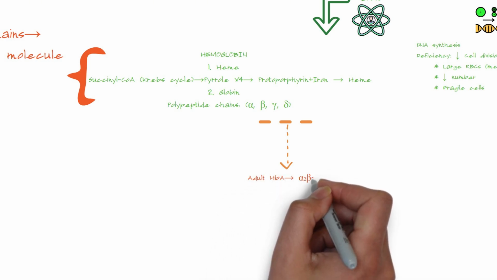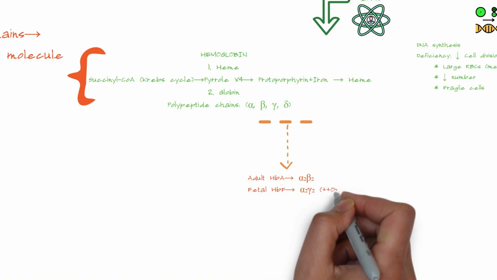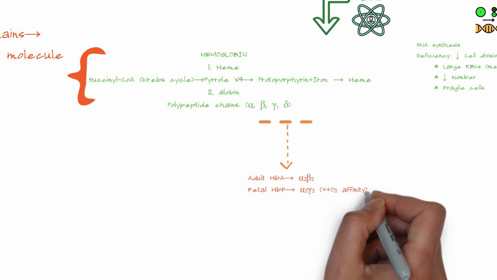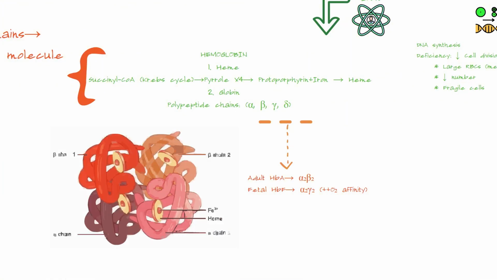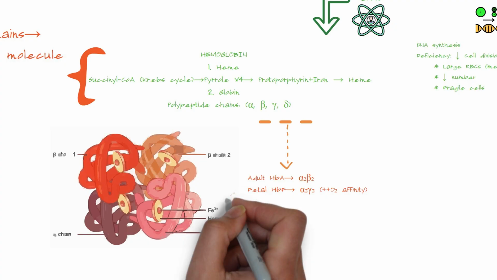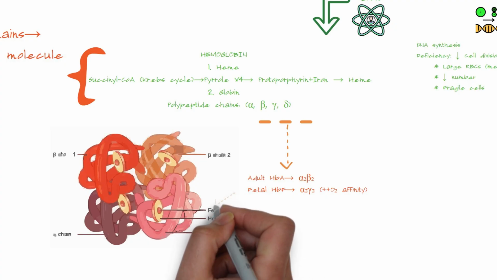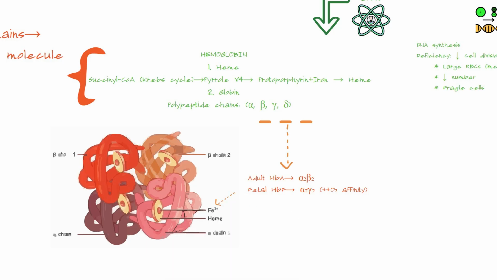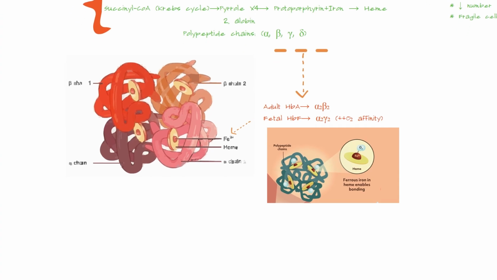Fetal hemoglobin has a higher affinity for oxygen, which is essential for fetal life. So the type of the polypeptide is essential since it determines the affinity to oxygen. Another important point is that oxygen binds mainly to the iron in the hemoglobin.